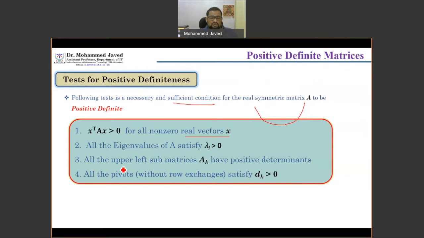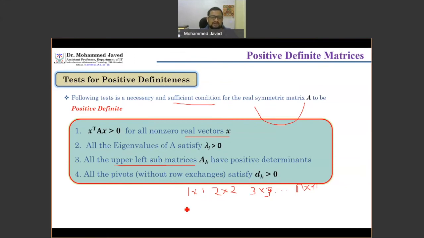And as I have shown in the previous slide, all the upper left submatrices, ranging from 1 by 1, 2 by 2, 3 by 3, and so on, up to n by n, that is, all upper left submatrices A k, have positive determinant. That's what I tried to do in the previous slide. And all the pivots without row exchanges satisfy d k greater than 0.